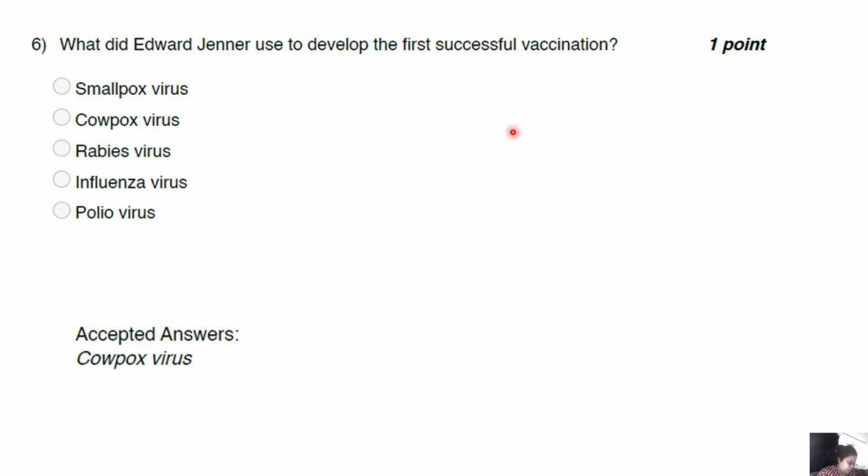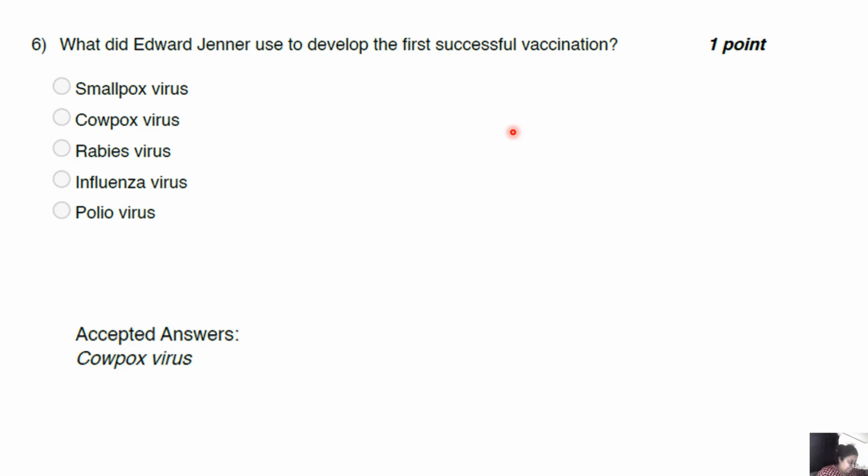Smallpox virus was used earlier in variolation, which was risky but not true vaccination. Option C is rabies virus, which was used later by Louis Pasteur, right?